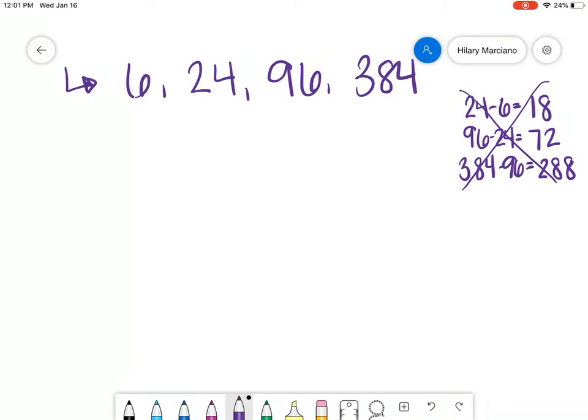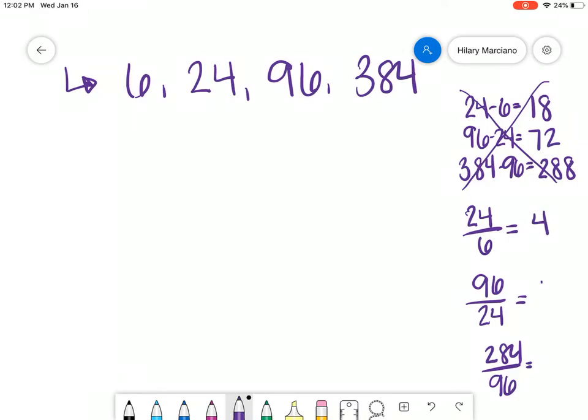So remember, we're going to put our second term over our first term. So 24 over 6, 96 over 24, 384 over 96. If we simplify all of these, we get 4. So that makes it a common ratio of 4, and that also makes this a geometric sequence.